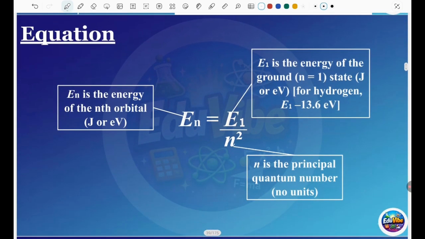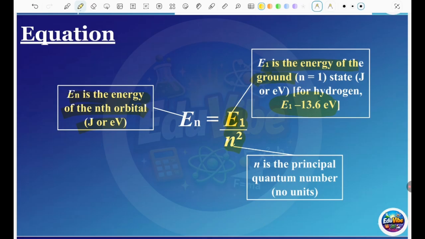And we have one more formula in this. If you have to find the energy of the nth orbital, like the first orbital, the fourth orbital, or the fifth orbital, to find this in joules or eV, you can use this formula. E1, which is the ground state energy, is always minus 13.6 eV, for n equal to 1.